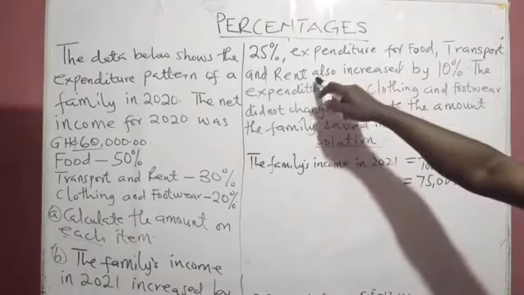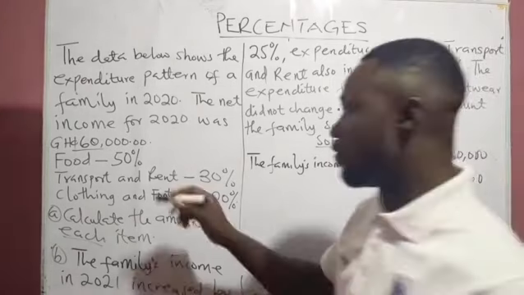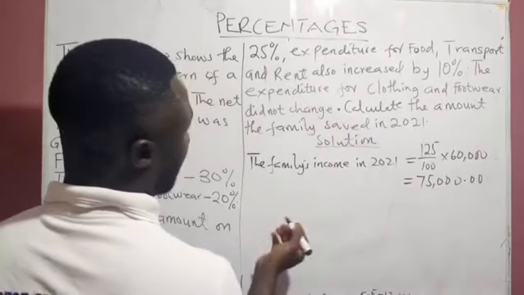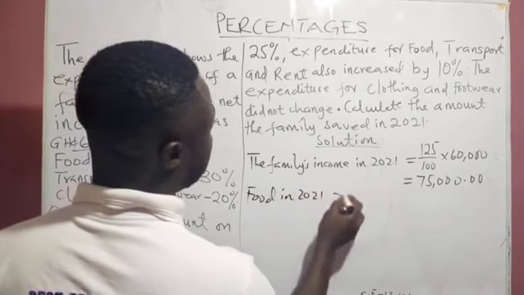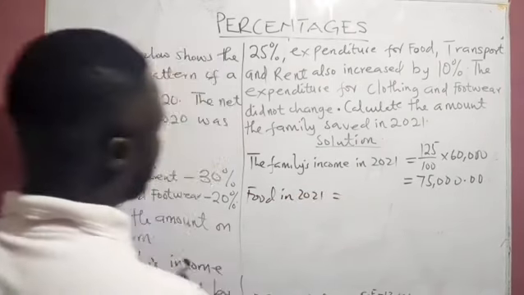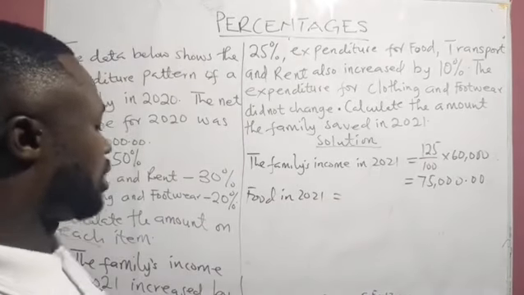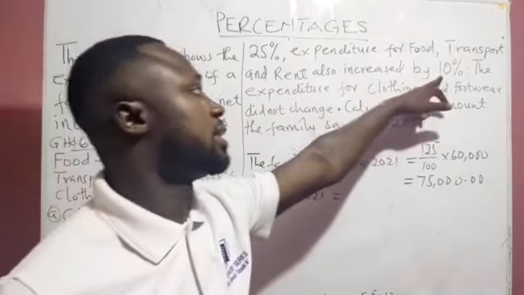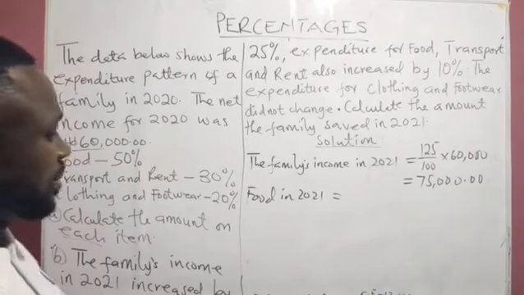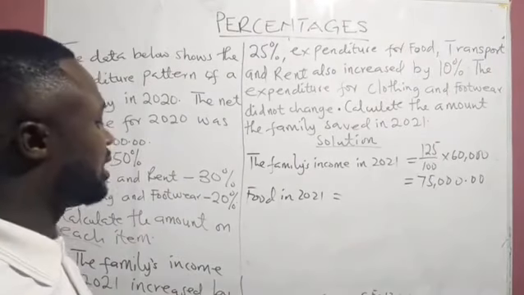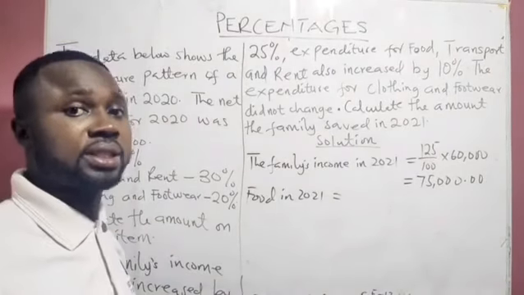Then what happened? Food, transport, and rent also increased by 10%. So the expenditure for food in 2021 increased by 10%. The expenditure of food was 30,000, which is 100%.